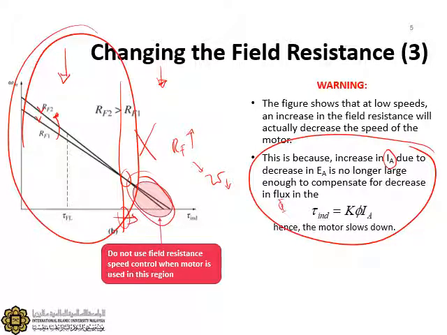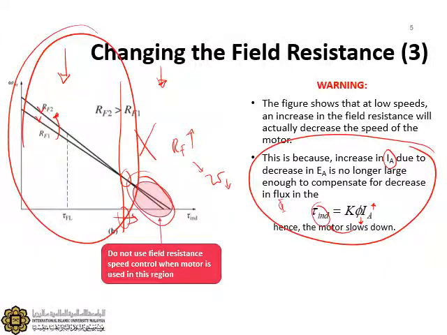i.e., the increase in IA here, while the flux is decreasing. So these two effects are conflicting. One is trying to increase the induced torque, and the other one is trying to reduce the induced torque.